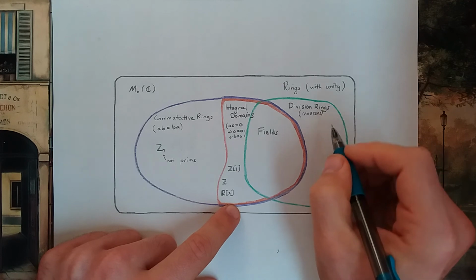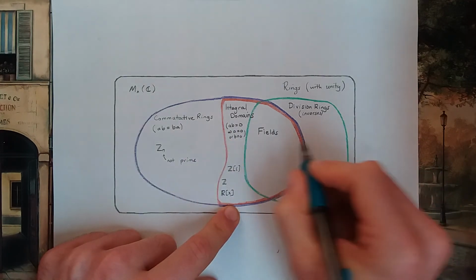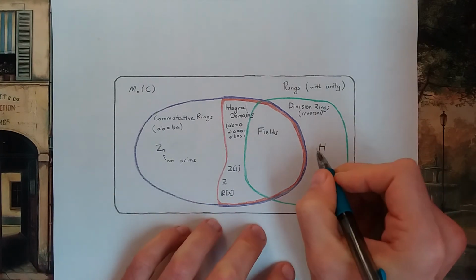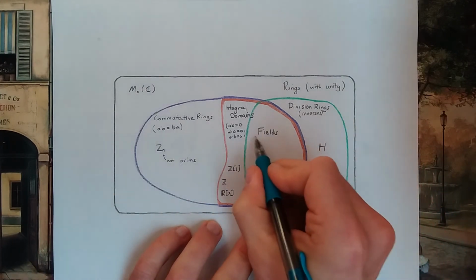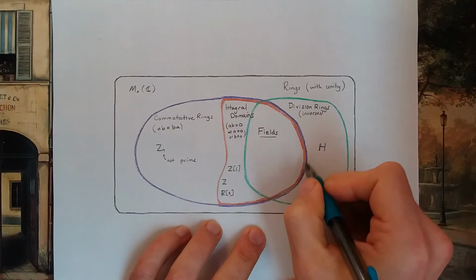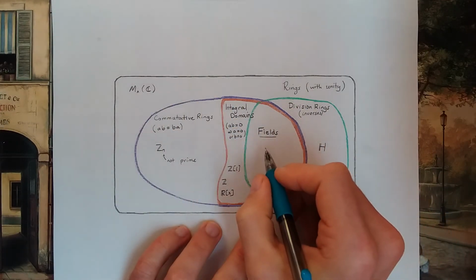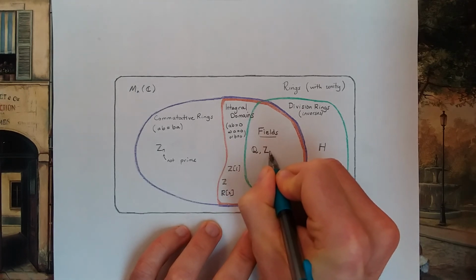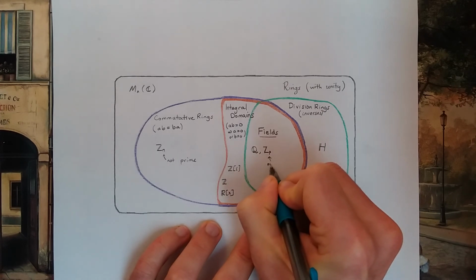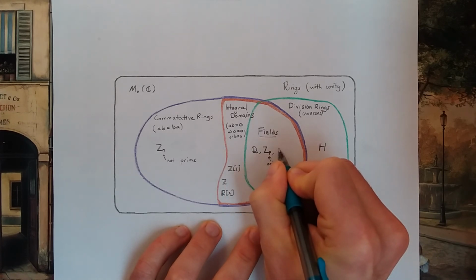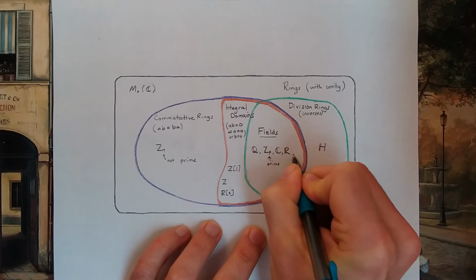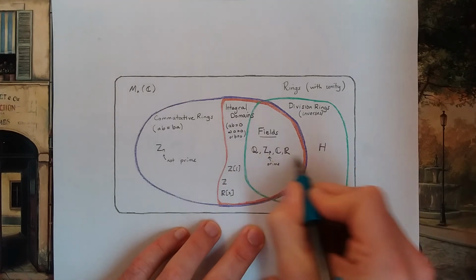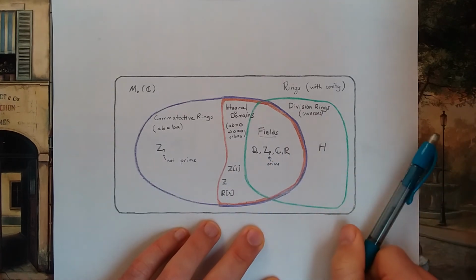Division rings, a non-commutative example of a division ring could be the quaternions, which I denoted with H. And then fields, the most important set of rings for our class, could be Q, Z mod p, p has to be prime, complex, and reals. As we go along in our course, we'll see even more examples of fields that we haven't seen in our past as well. All right, great.